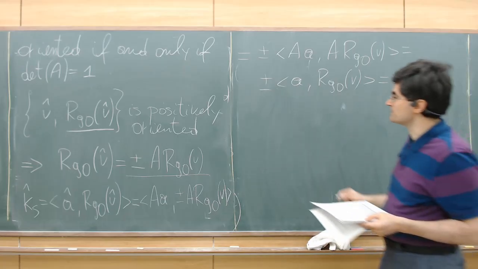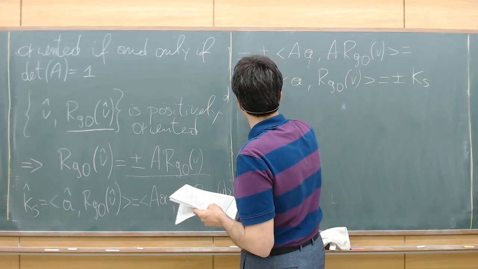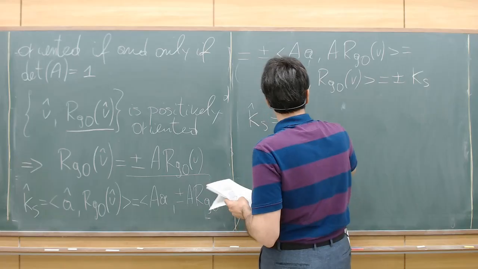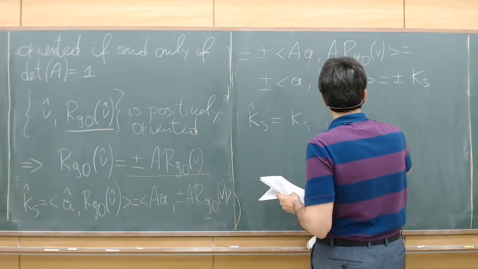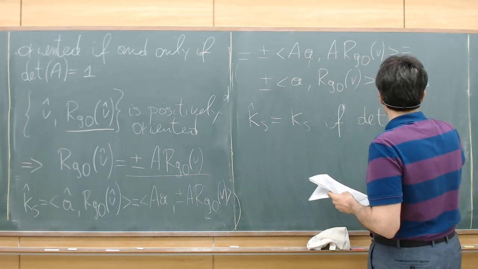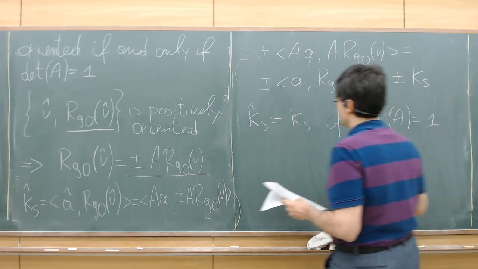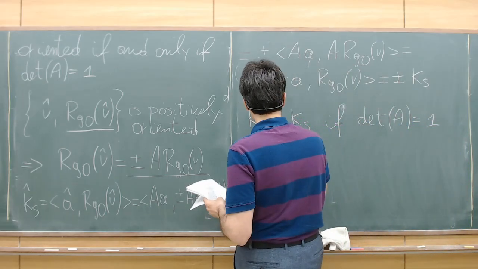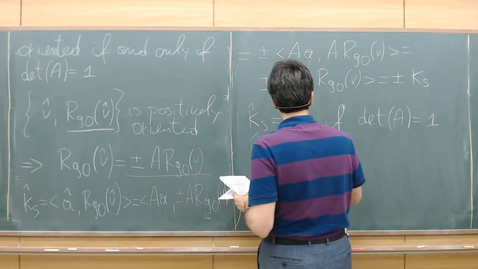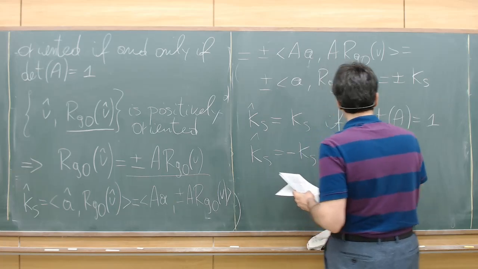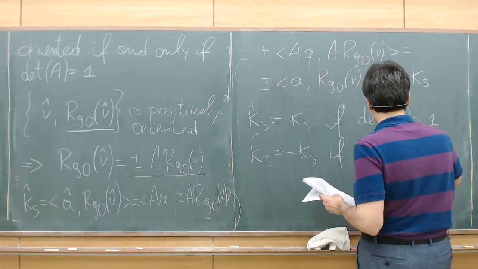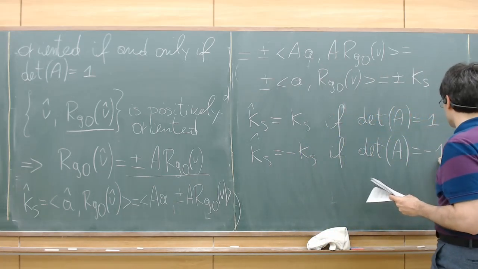So we prove that K hat of S is Ks if the determinant of A is 1, and K hat of S is equal to minus Ks if the determinant of A is minus 1.